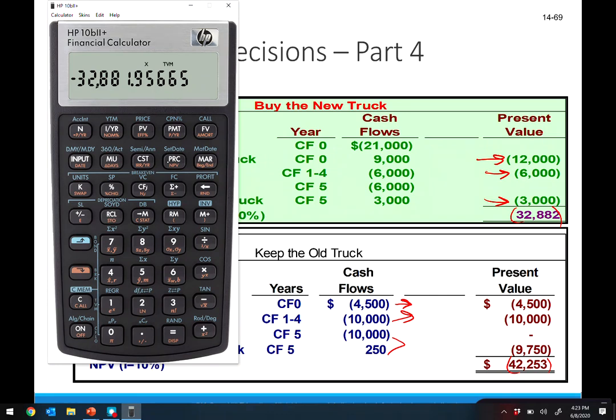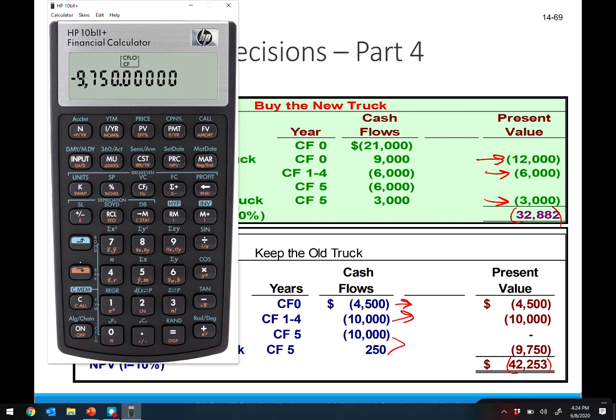Notice it's negative. The other thing you want to pay attention to is if you do get an answer that's a round number, like I did initially, it might mean you forgot your I. That's how I knew I did it. I forgot my I and I was wrong. For the old truck, it's $4,500 negative for cash flow 0, and then $10,000 negative for cash flow 1, 2, 3, 4, and then $9,750 negative for cash flow 5.